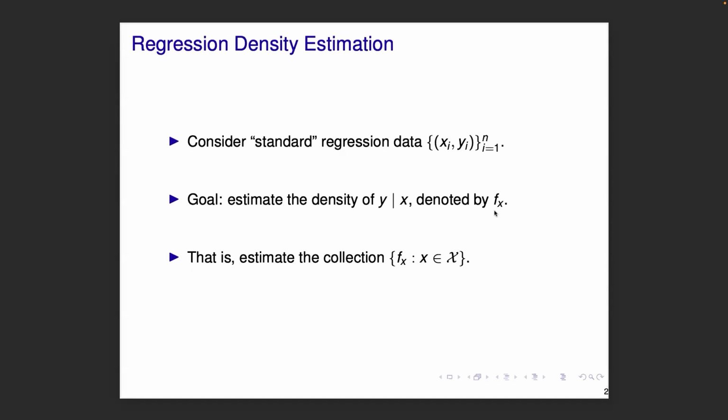More generally speaking, we want to estimate that collection of densities indexed by predictors. And if we can do this in a very flexible way, then we can eventually use some summaries there, like the mean or median, or some quantiles in the context of quantile regression, to better understand the relation between Y and X.